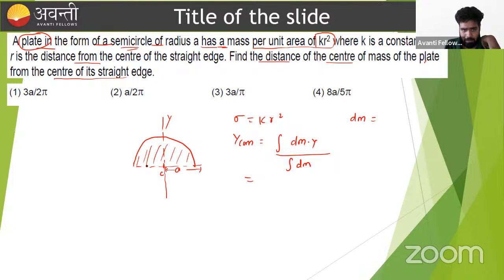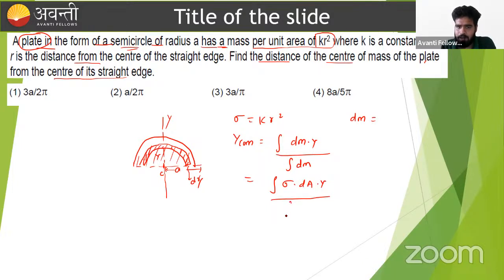If we cut a small portion of this disk, the disk is formed by small semicircular rings having thickness dy. So we can say dm can be written as sigma into dA.